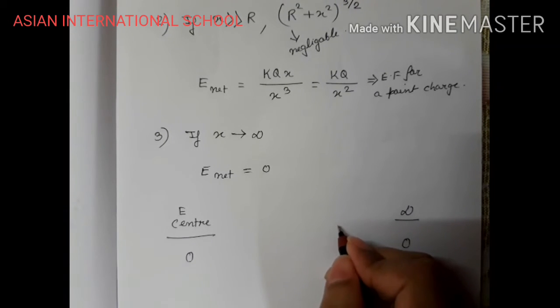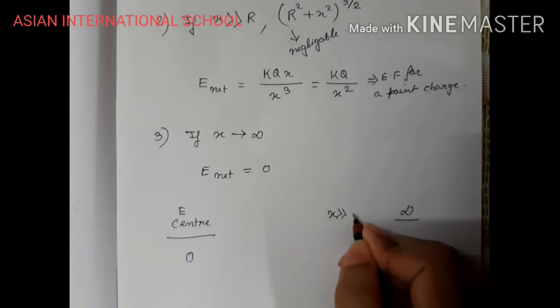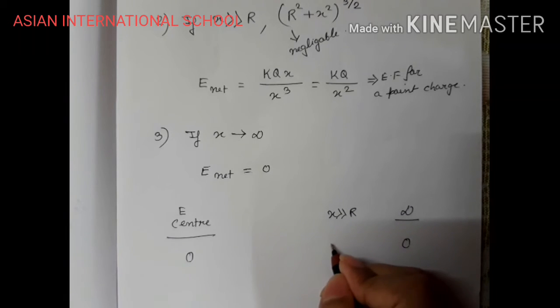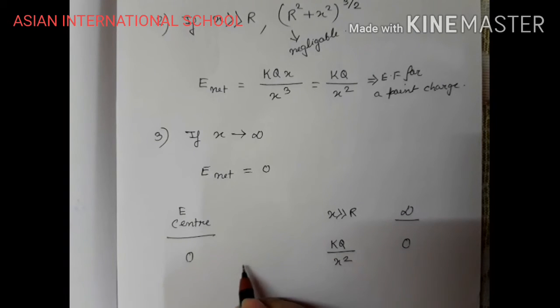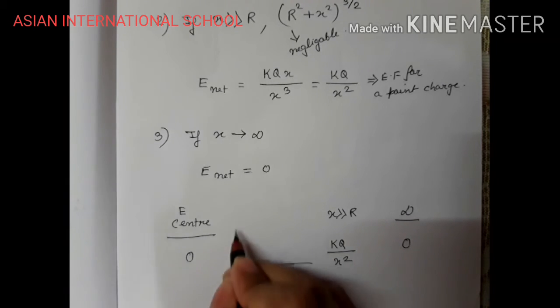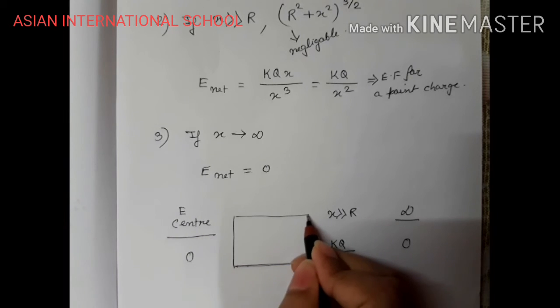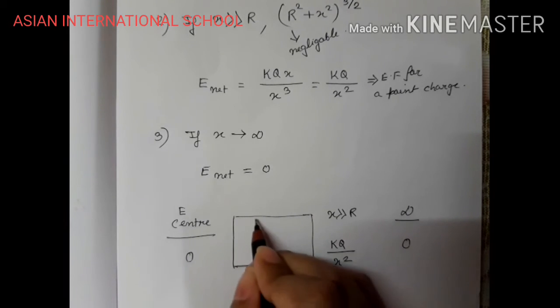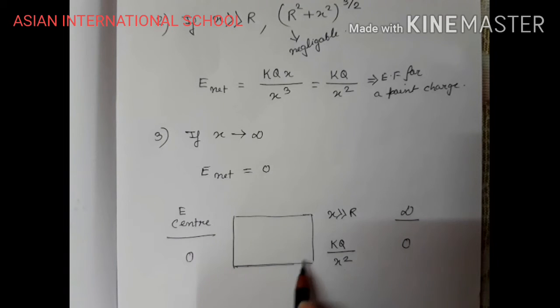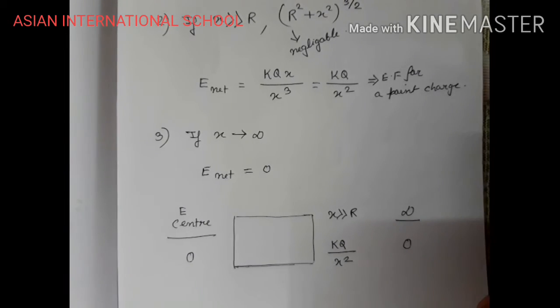When it is at a very far distance, x much greater than R, it appears like a point charge, k q by x square. That means in the region between the center and infinity, I will get a valid electric field, a certain amount of electric field, or I can get the maximum amount of electric field in this region. Okay, so now let us find the maximum amount of electric field.